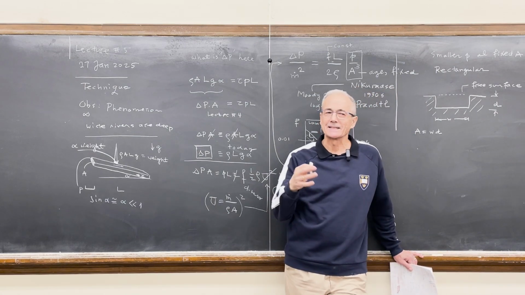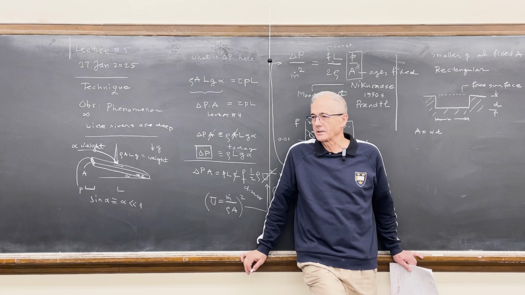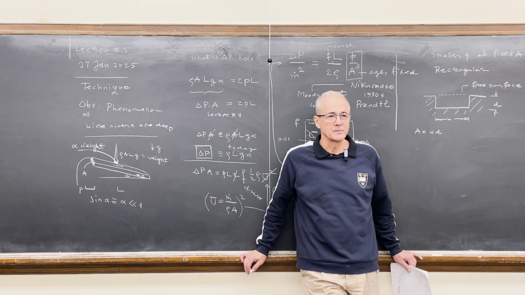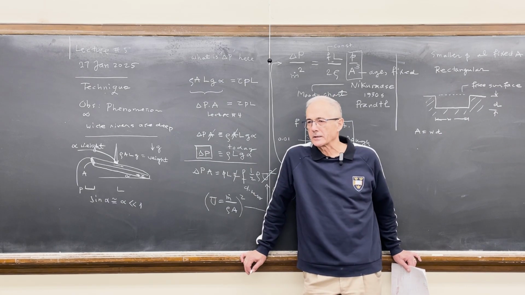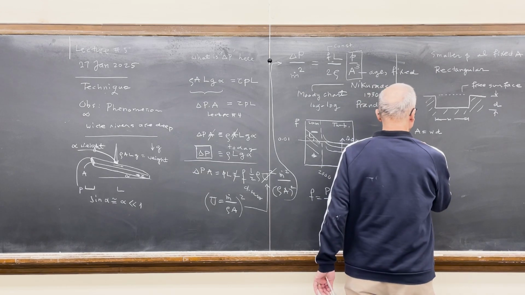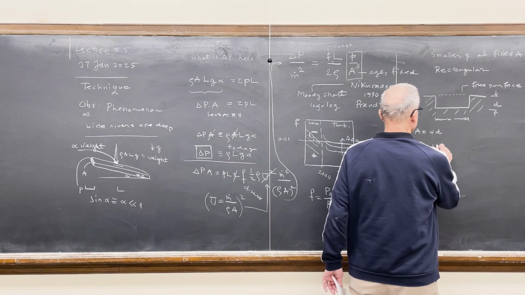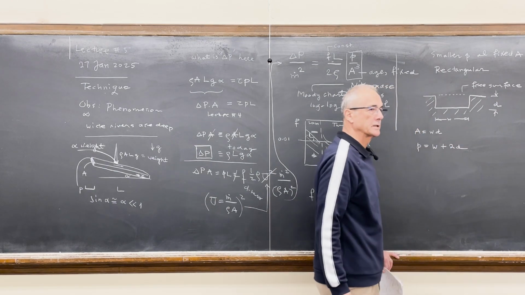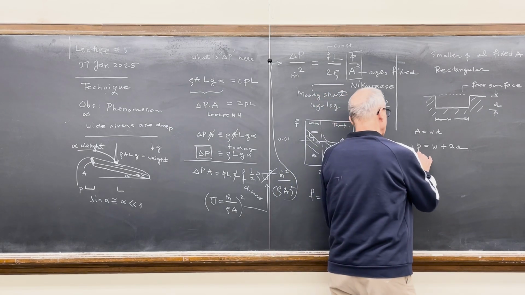I would not write it DW because then you think I'm throwing calculus at you, so I'm not doing that. I like calculus, but I don't like jargon, okay? So, and then the wetted perimeter is W plus twice D. That's the wetted perimeter. I'm interested in smaller.